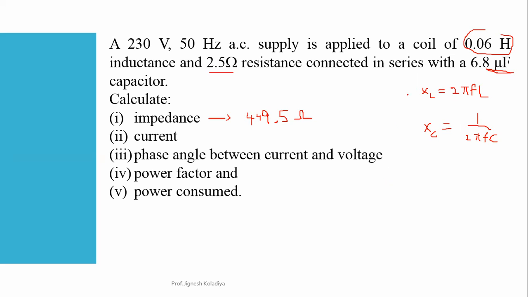And just see whether your capacitive reactance is more or inductive reactance is more. Because if you remember, we have studied 3 different cases in the series RLC circuit. Once you find XL and XC, you come to know whether your overall response is capacitive or inductive.